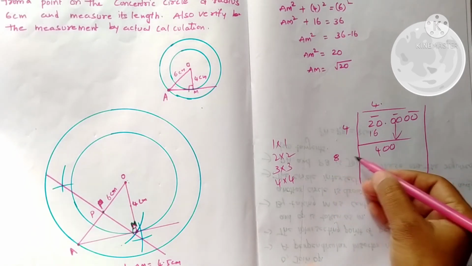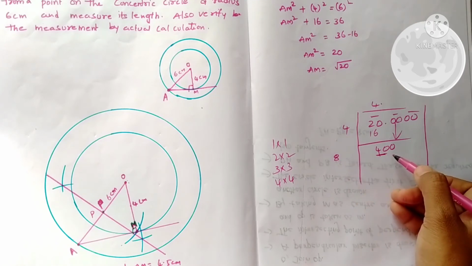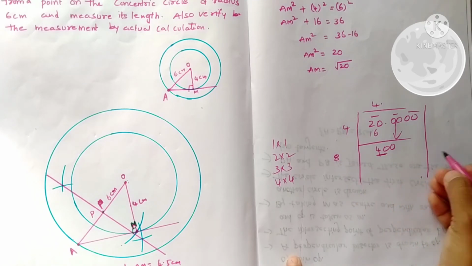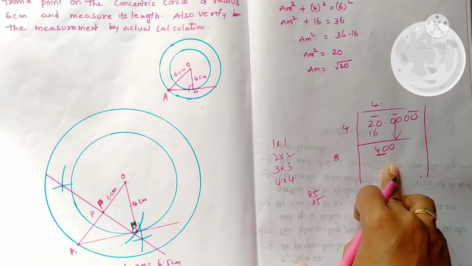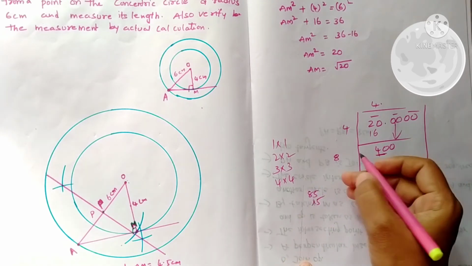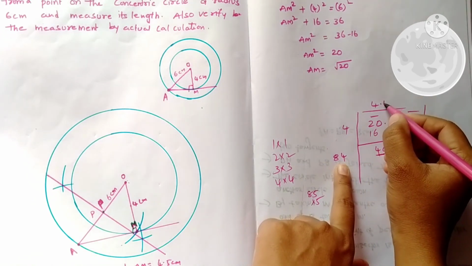8. 8 5s are 40, so first check with the first two digits. But if we multiply 85 by 5, it will be more than 400. So take 84. Write 4 here and here also.